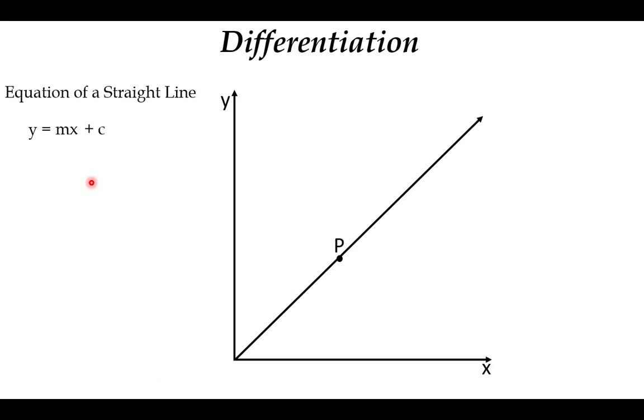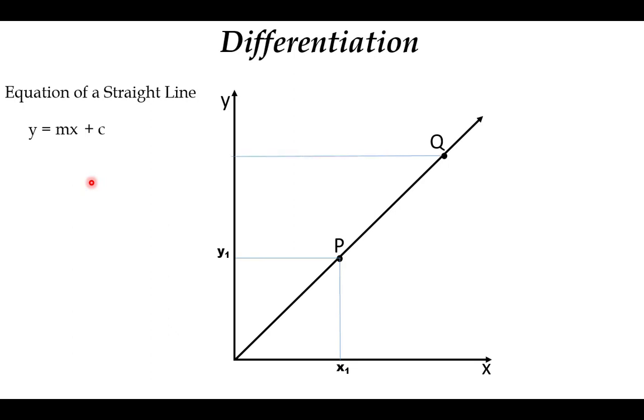Point P corresponds to a point on the y-axis. Let's call that point y1, and it has a coordinate on the x-axis, let's call that x1. Now, say we also have another point Q. Point Q has a corresponding point on the y-axis.